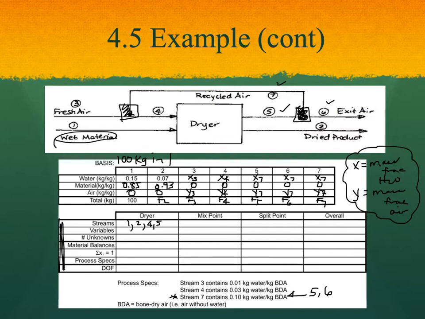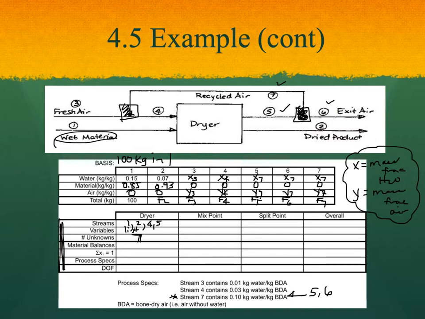So the variables there, I have F2, I have X4, Y4, F4, X7, Y7, F7. So I have 1, 2, 3, 4, 5, 6, 7. And remember you can list them here. I just don't have space on these little slides.